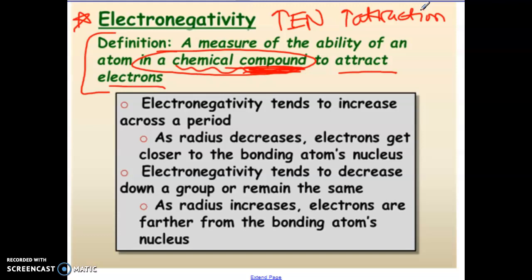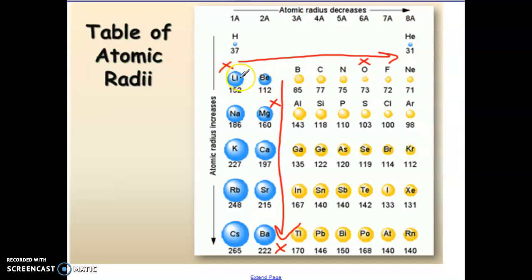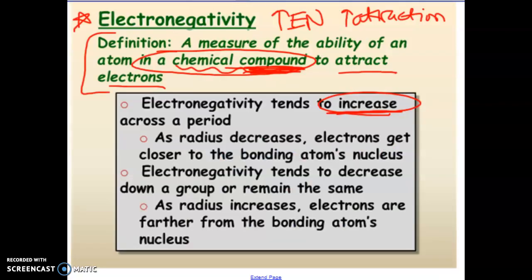So if you think of this, attraction for electrons, this has to do with the same idea we just finished talking about. As you go from left to right, it tends to increase going across a period. So let's look back at the radius. Of course, as you're going to the right, the nucleus is attracting electrons more and more, which makes sense. It's going to attract electrons in a compound more and more. As you go down a group, you have more shielding that is happening, so the attraction becomes less and less. It's the same thing. It's very repetitive.